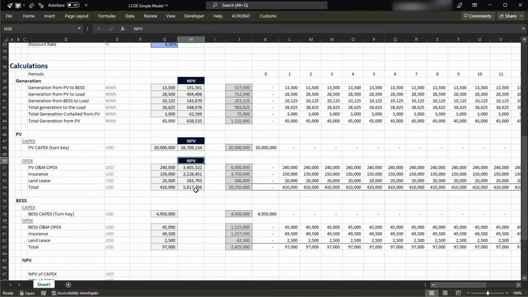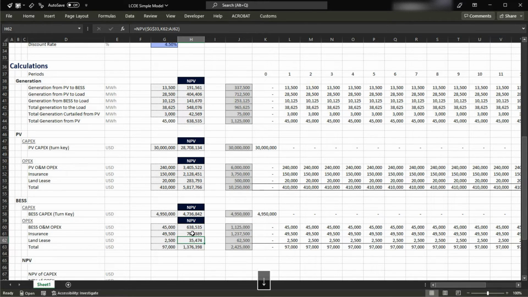Let me check if this is correct. Yeah, this is correct. Let me copy this and paste this in here. Next, let me just copy it and paste everything in here. And basically now we have calculated all the NPVs.